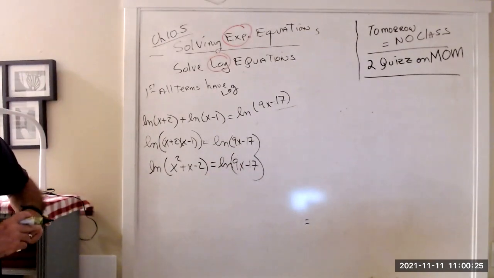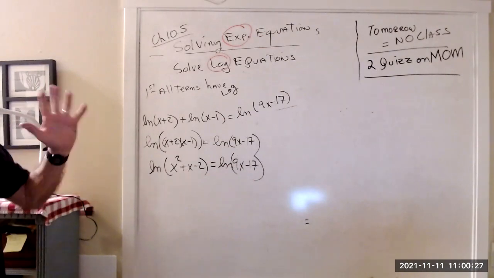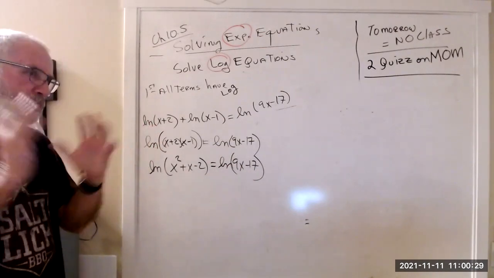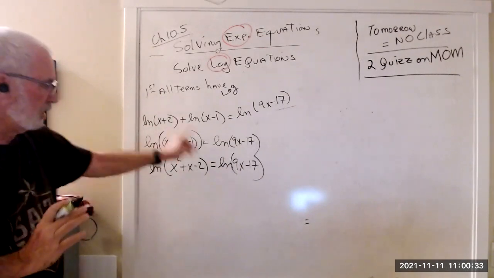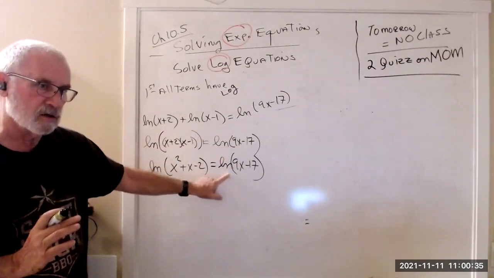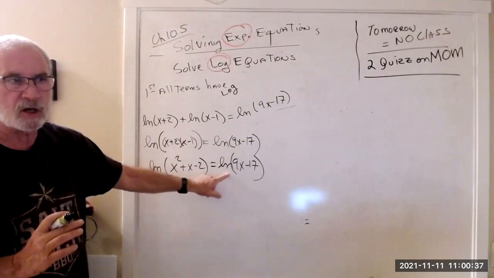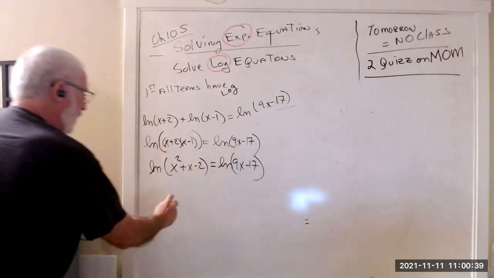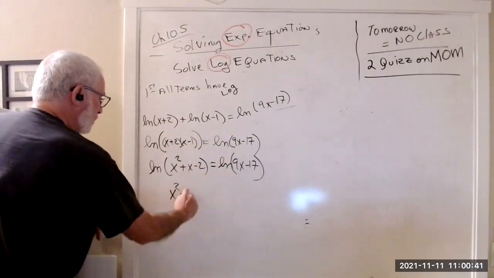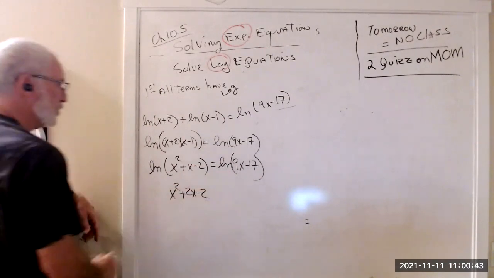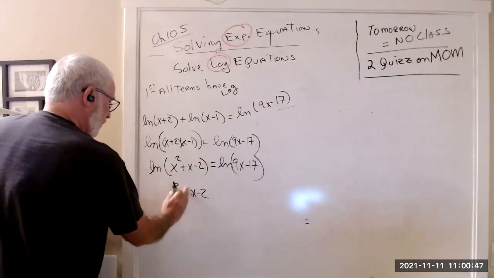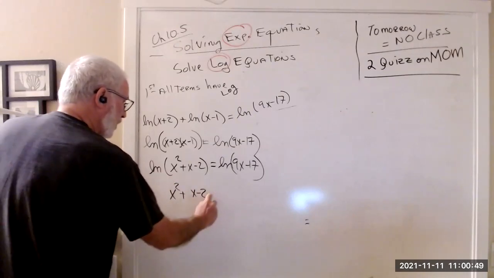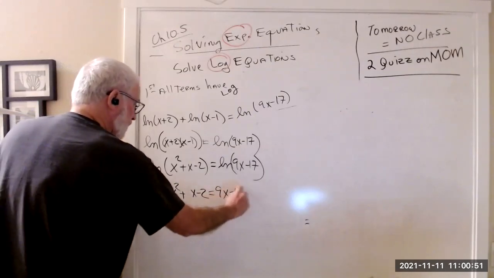You drop the log. When you've condensed both sides into a single log equals a single log, then you can drop the logs. You can just simply say x squared plus x minus 2 equals 9x minus 17.